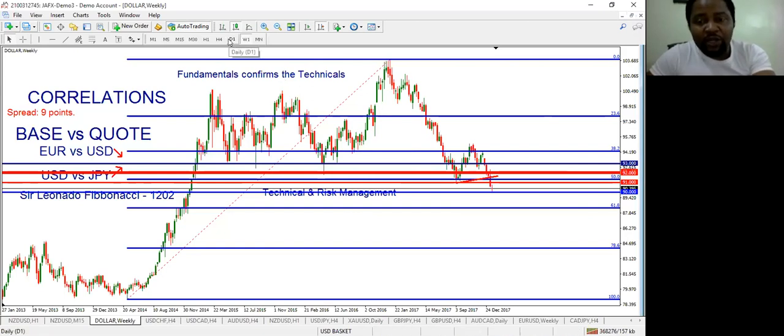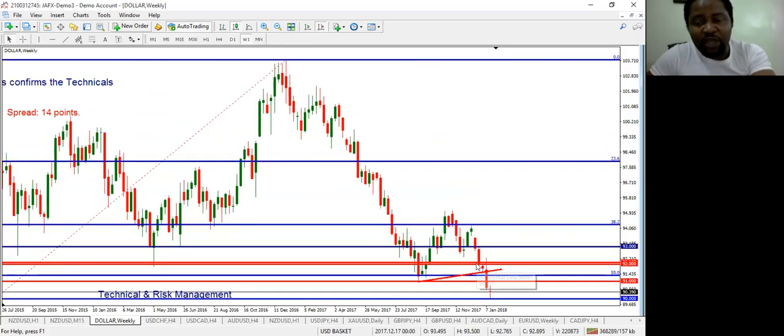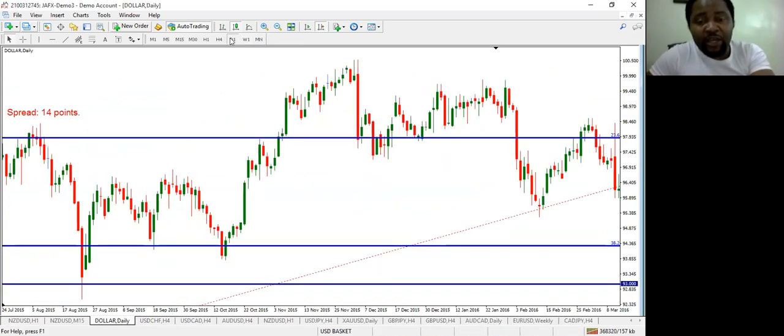We can on the weekly too, here on the dollar index, we expect price to close the week with a bullish setup, like a bullish shooting star for the weekly. But for the daily, we check.